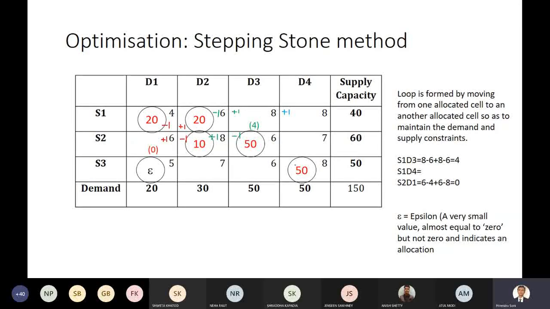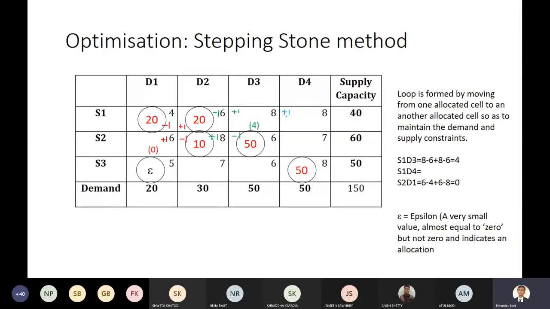Second, this epsilon will also be considered as an allocation. That is done. Next jump, then another jump, and then another jump back to my starting cell. So that way, I will be able to complete my loop.